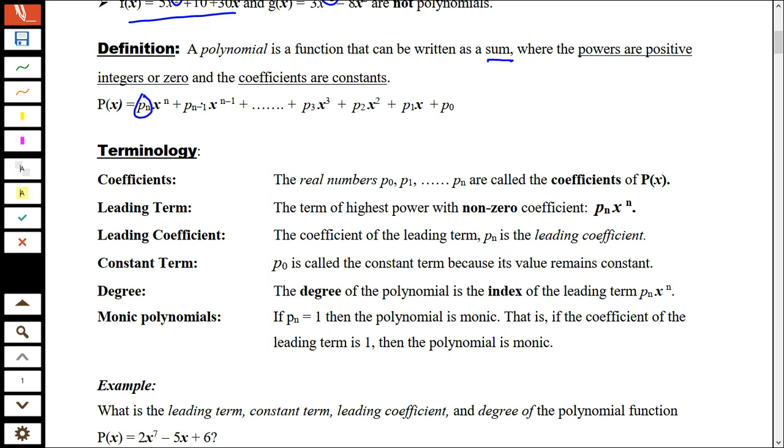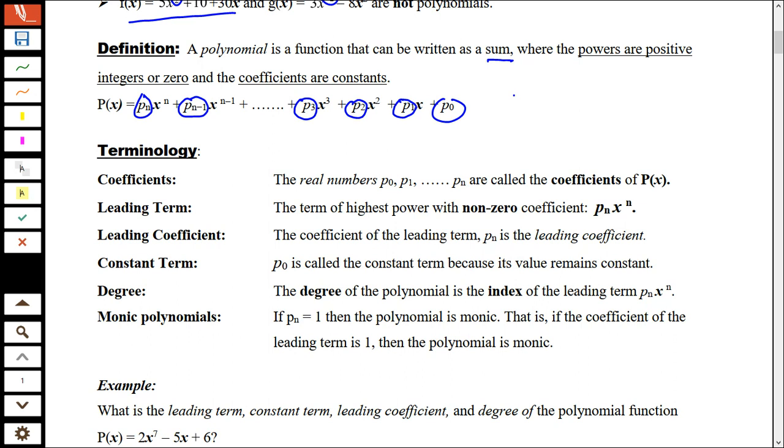So Pn is a coefficient, and this one here, Pn minus 1, is a coefficient. Here, P3 is a coefficient, and P2 is a coefficient, P1, and lastly P0.